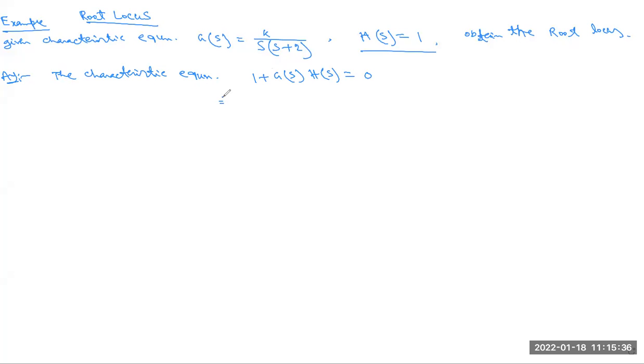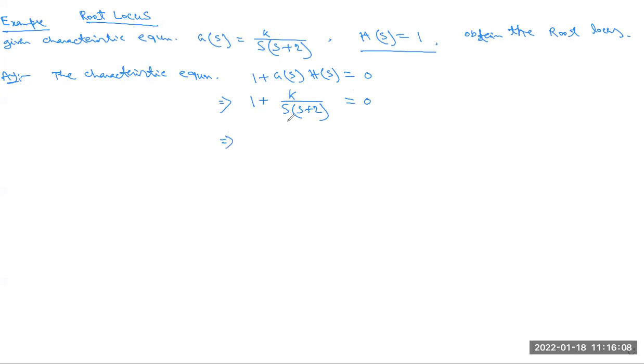Now you have to know the value of G(s) and also the value of H(s). G(s) is the equation given in the question, K by s into (s plus 2). And what is the value of H(s)? This is a unity feedback system, so the value is 1. So 1 plus K by s(s plus 2) into 1 equals 0.